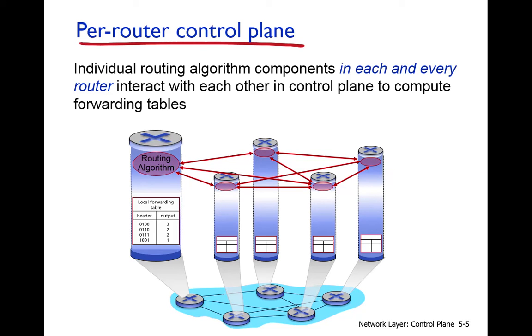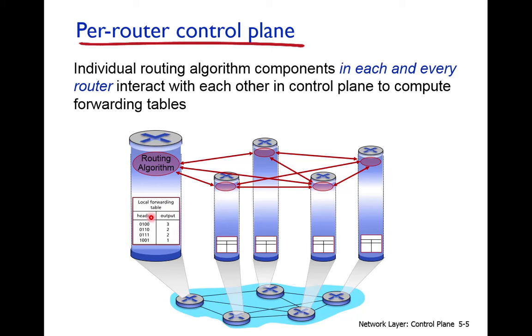So as we know, in the per-router control plane, each router has a control plane, and this control plane communicates with the routing algorithms of the other routers. Based on their communication with the rest of the routers, this routing algorithm computes the forwarding table.